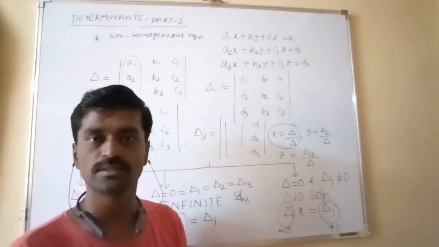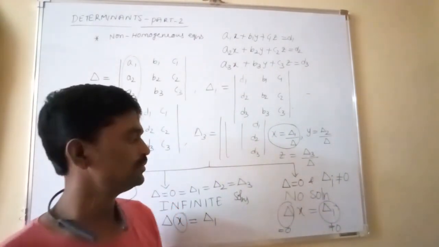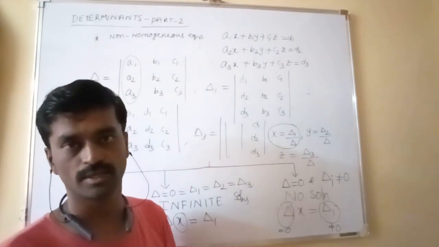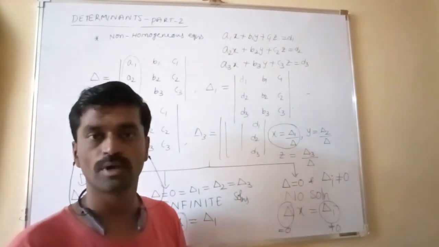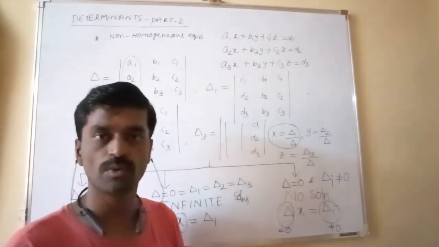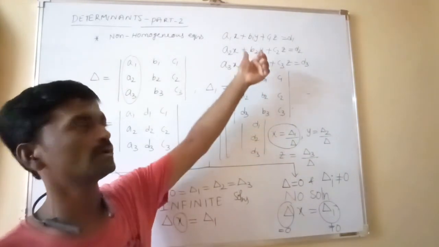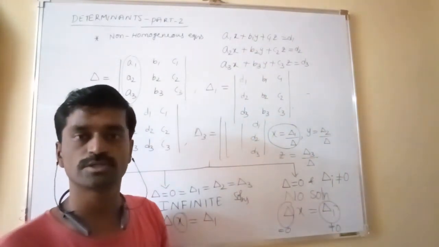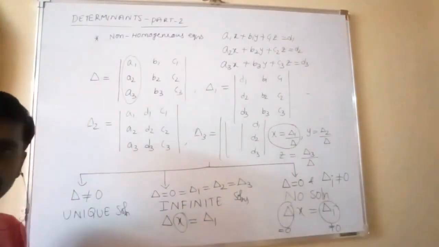Such a number x does not exist. So in this case the x value does not exist, y value also does not exist, and similarly z value also does not exist. So we conclude the given system of equations has no solution. Okay, that was the explanation.